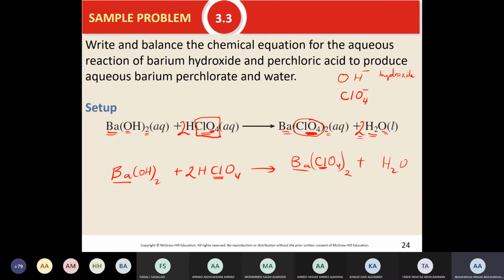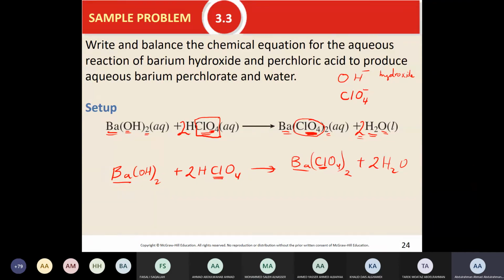That's it. Now, how many hydrogen do I have in the reactant? 4. 2 and 2, 4. How many in the product? 2, multiplied by 2 to make it 4. Good. I'm left with oxygen.